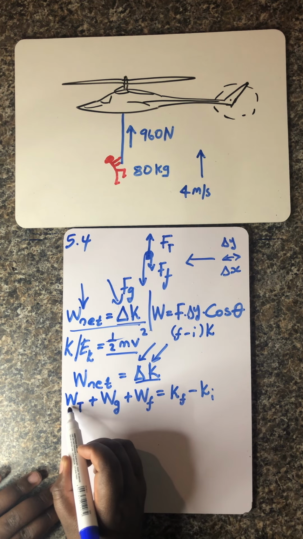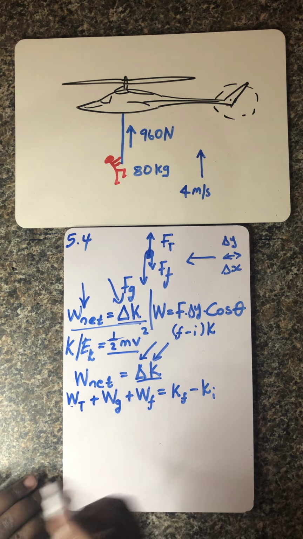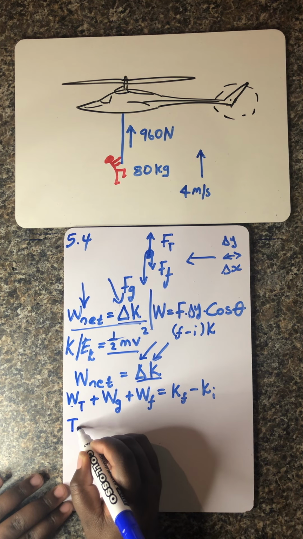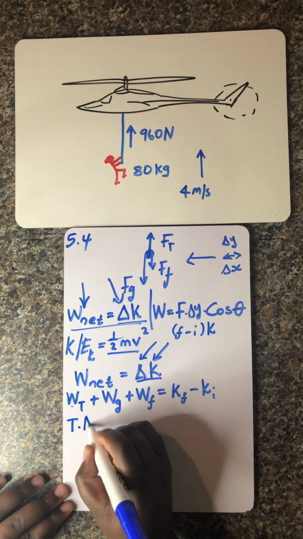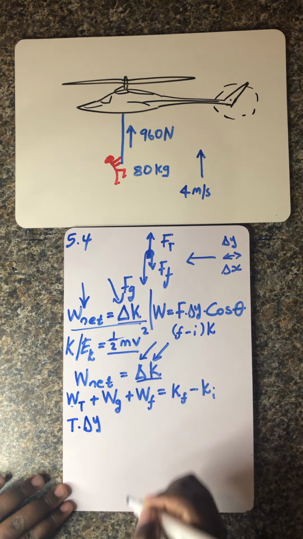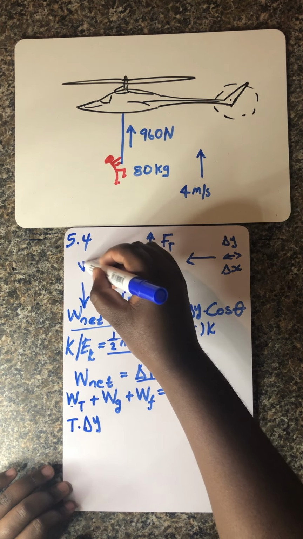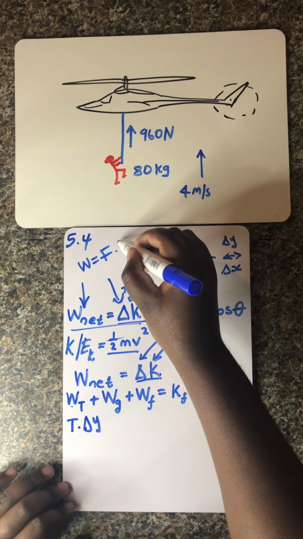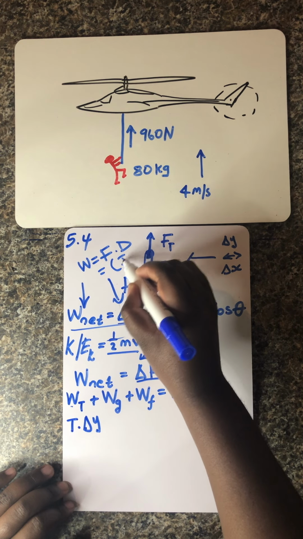So now work as a result of that tension. Remember, tension is a force. So tension multiplied by delta y. Before I continue with that, remember work is equal to force times a distance, and this is measured in joules.